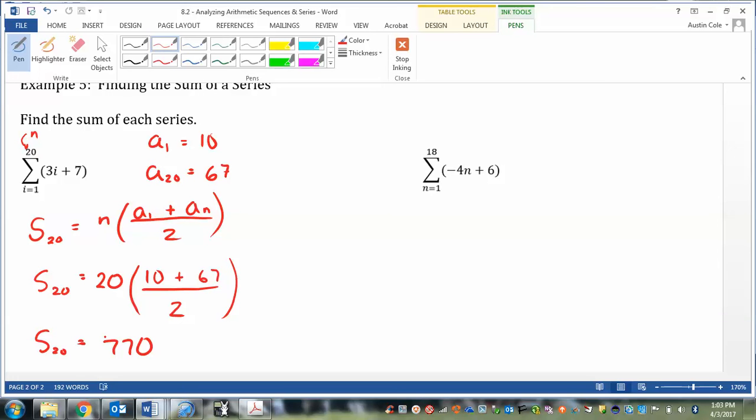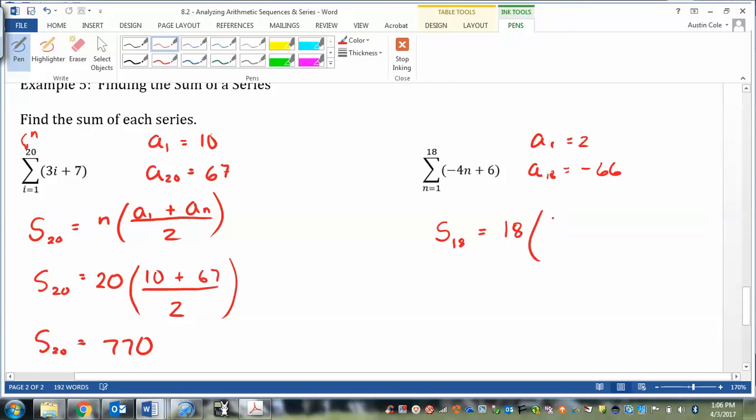Okay, last one here. Why don't you do this on your own? Find a sub 1, find a sub 18 in this case. Okay, so a sub 1, what do we get there? That's 2, right? A sub 18 is negative 66. So our formula, S sub 18, the sum of the first 18 terms of this sequence, is n, which is 18, times 2 minus 66.